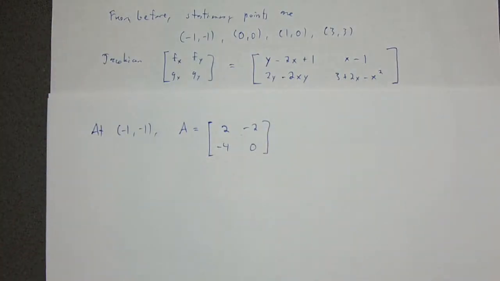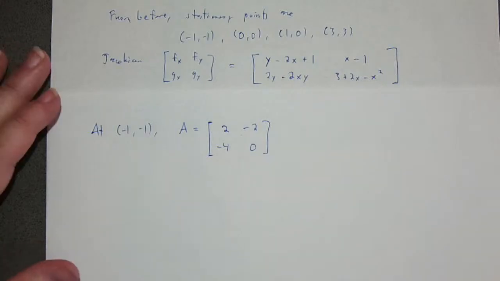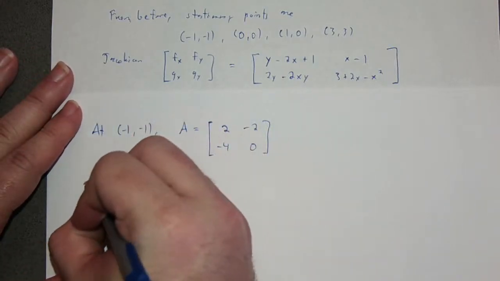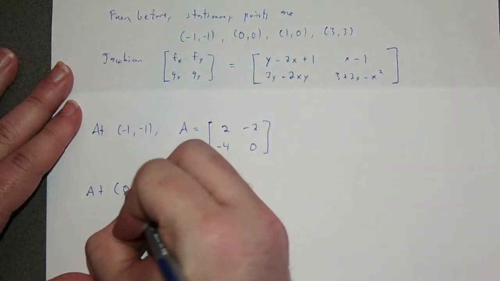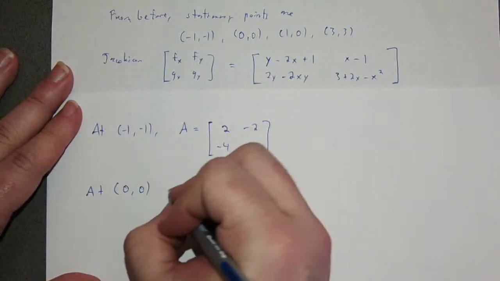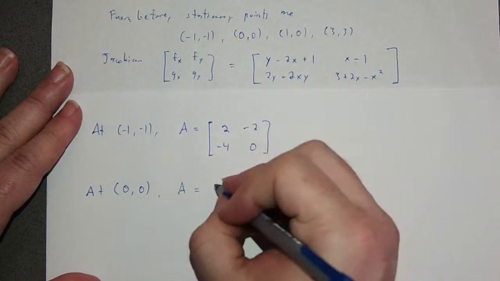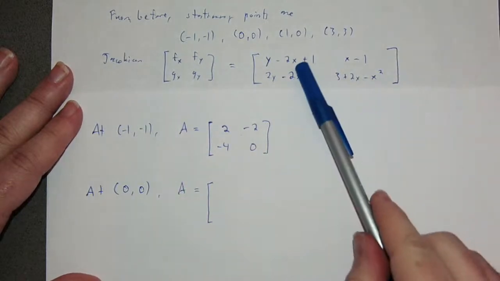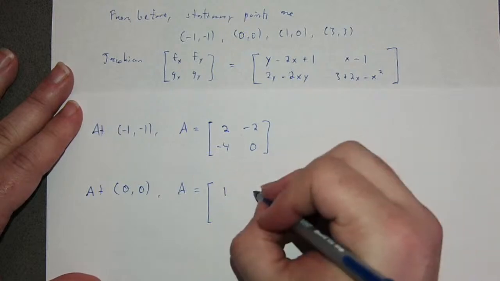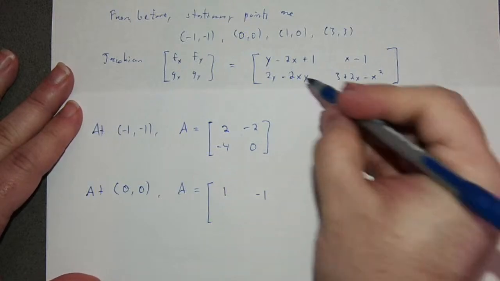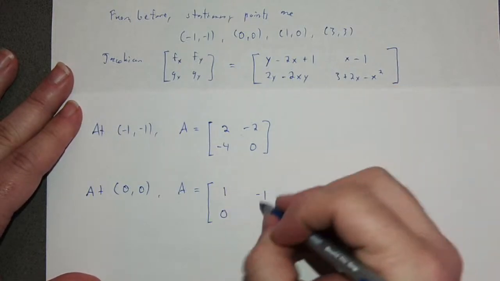So that's what I get. At (0, 0), what is my Jacobian matrix? I get 1, -1, 0, 3.